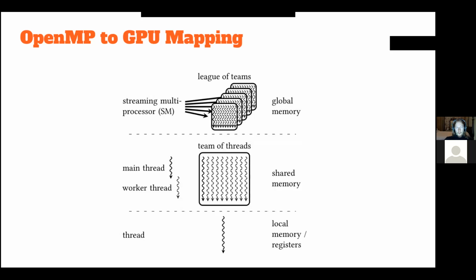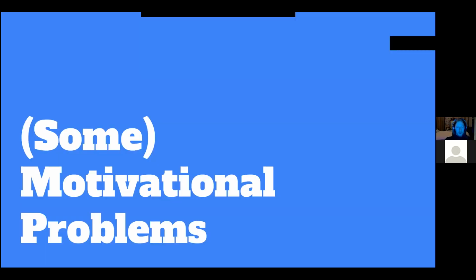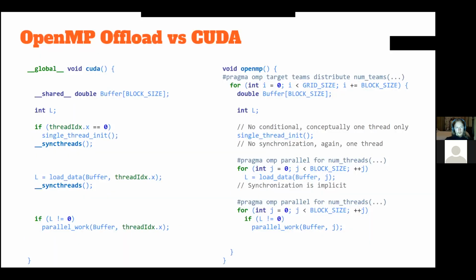Now, this simple mapping raises some problems when we try to apply the standard OpenMP semantics that were originally designed to be run on CPUs to the actual execution that happens on GPUs today. And to go over that, we have some motivational problems with an example of a standard CUDA region compared with an OpenMP one.